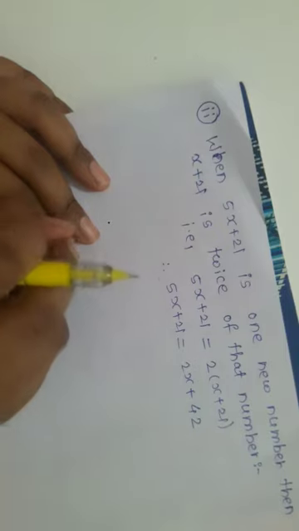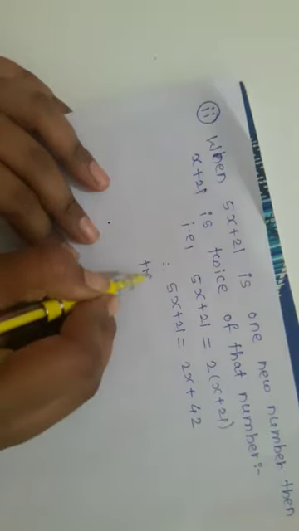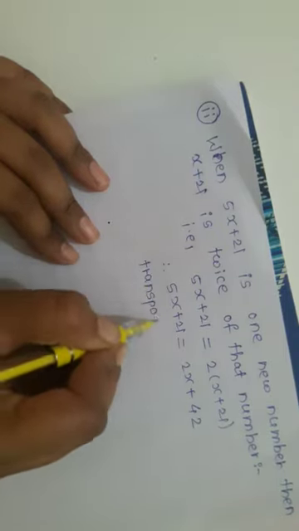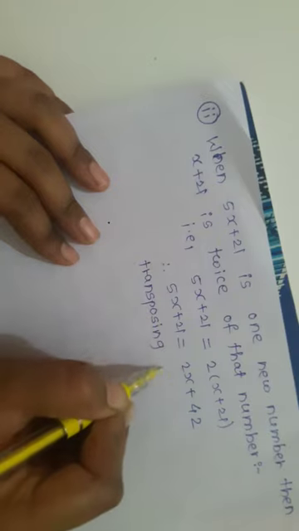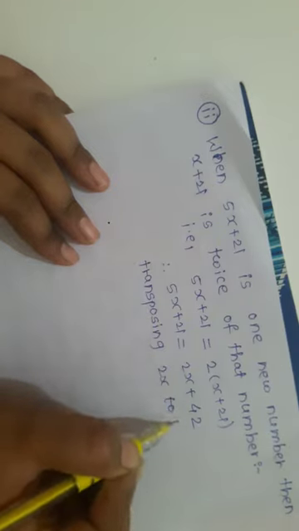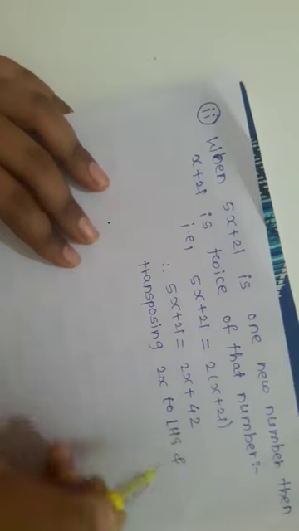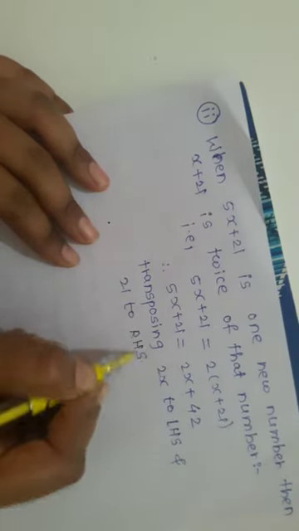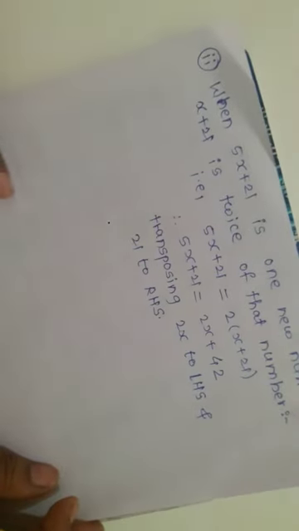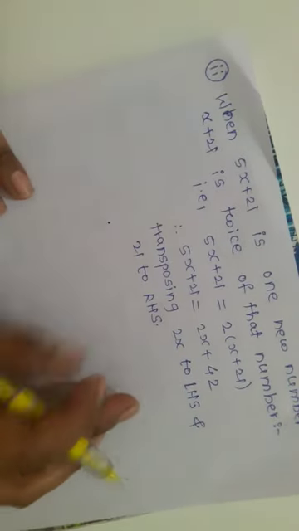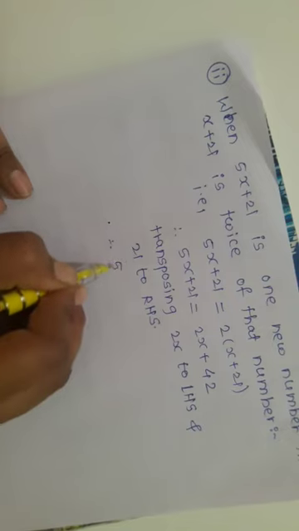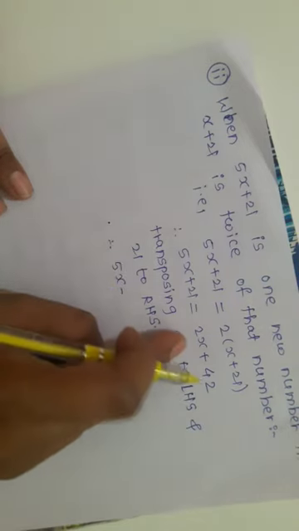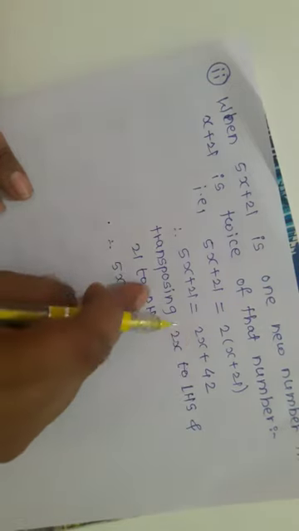Now again we have to transpose the terms. Write down, transposing 2x to LHS and 21 to RHS. After transposing, we can easily find the value of x. The 2x is positive on the right; after transposing, it becomes negative.